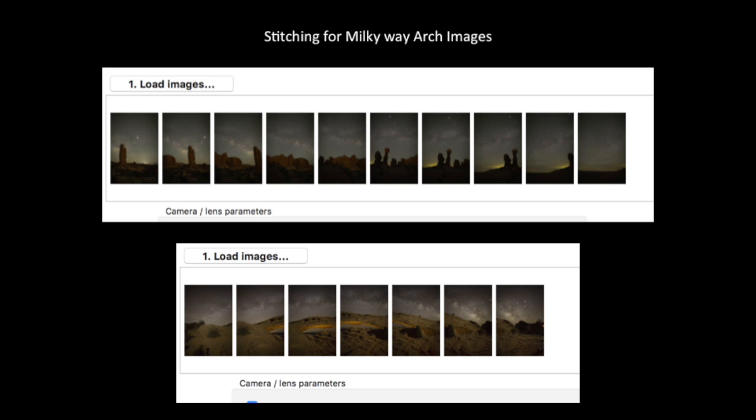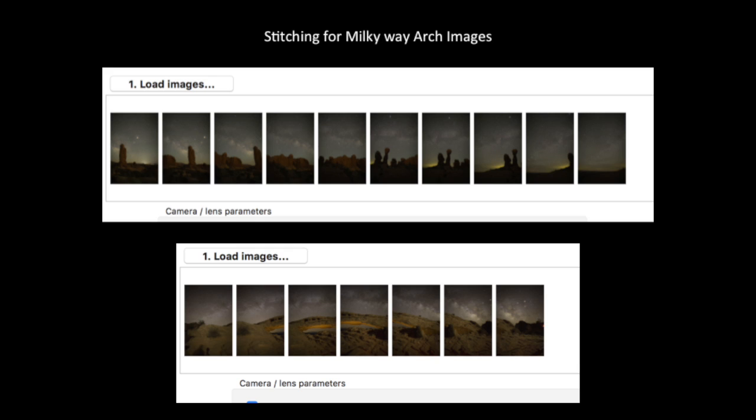I talked about how you can take the Milky Way vertical images, but for software, I use PTGui. That is a very good software for stitching your images together. In the first example, it's about 10 images that I use in PTGui and stitch together to create a panorama.